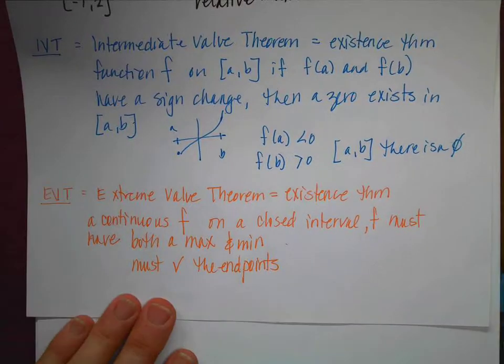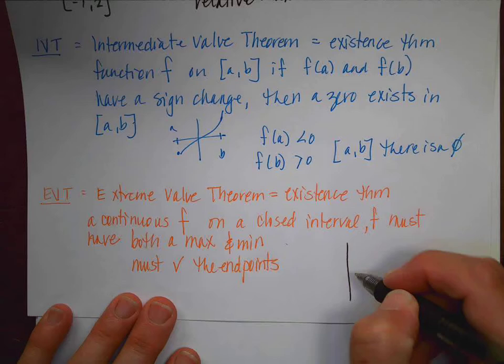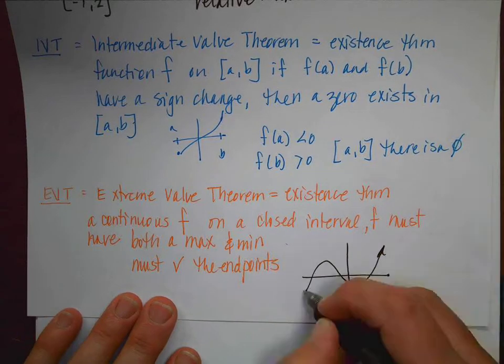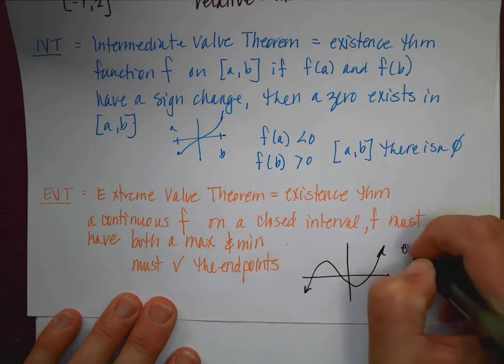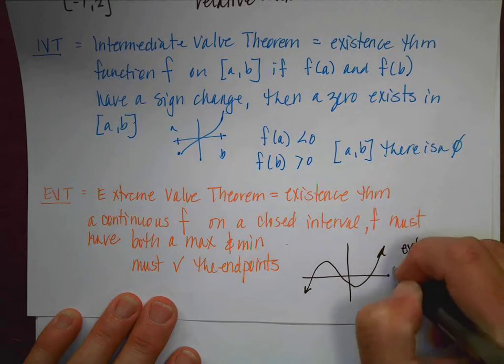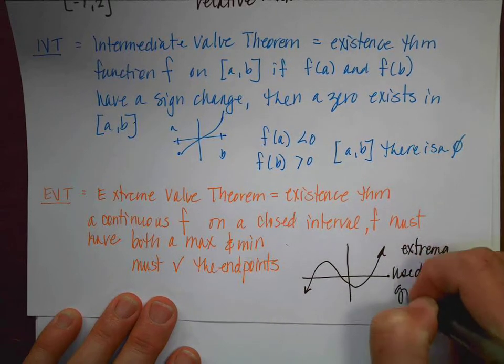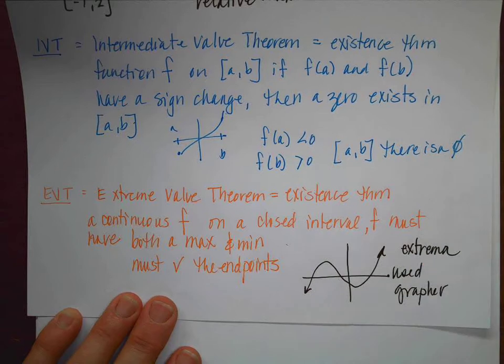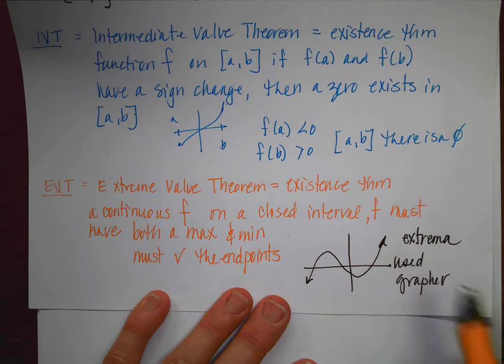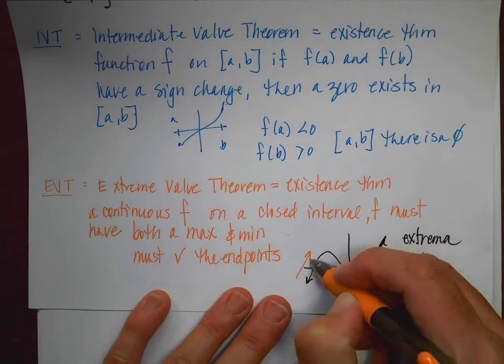So in previous math courses, say in pre-calc, we learned to find extrema by using our grapher. Calculus, though, is going to be way more fun because in calculus, we're going to look at what happens with the slopes.